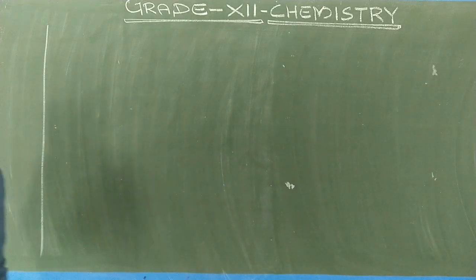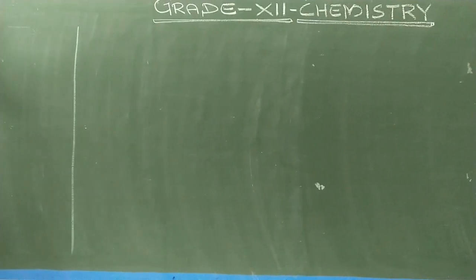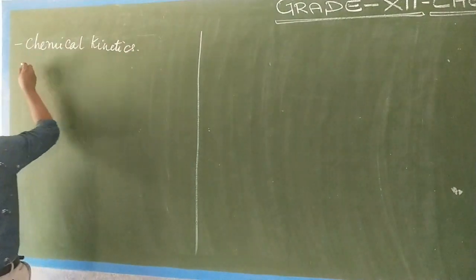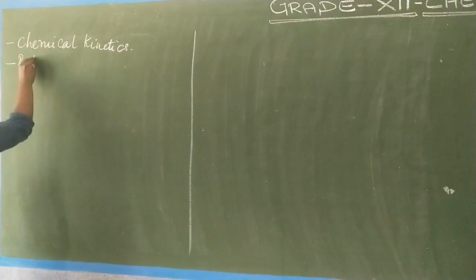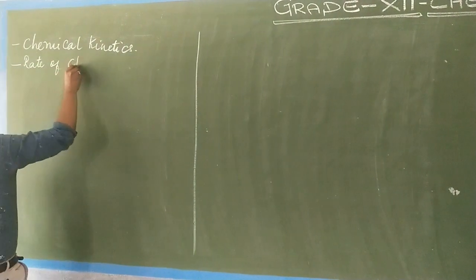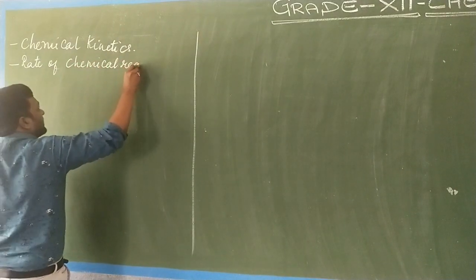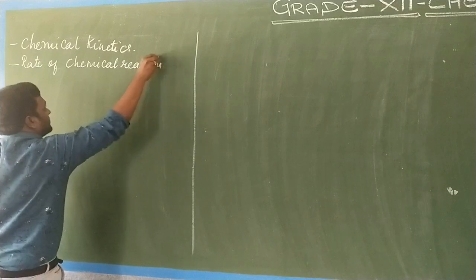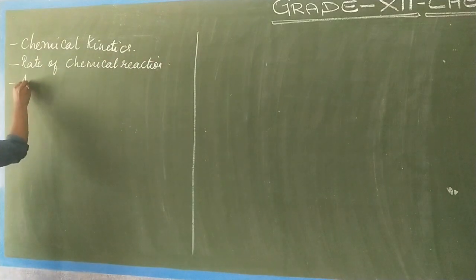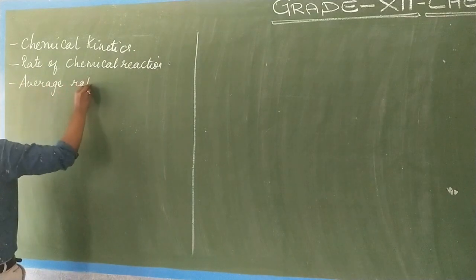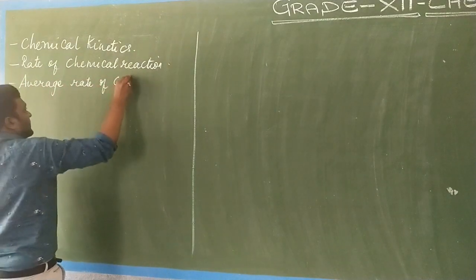From chemical kinetics we started with the definition for chemical kinetics. Then what is meant by rate of chemical reaction, what is average rate of chemical reaction.